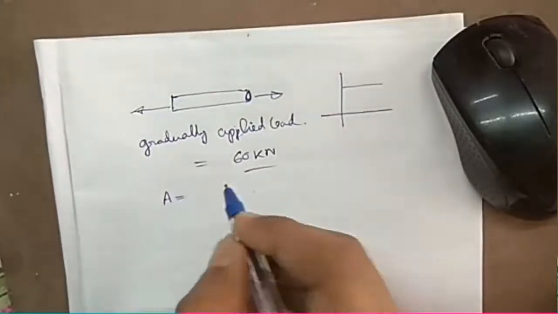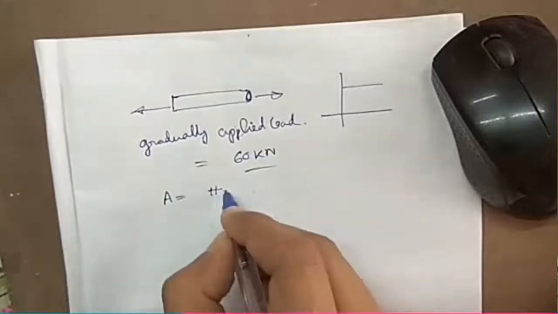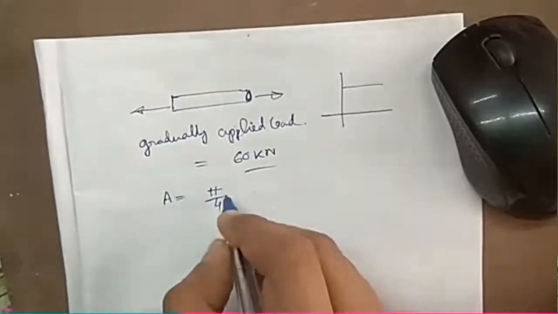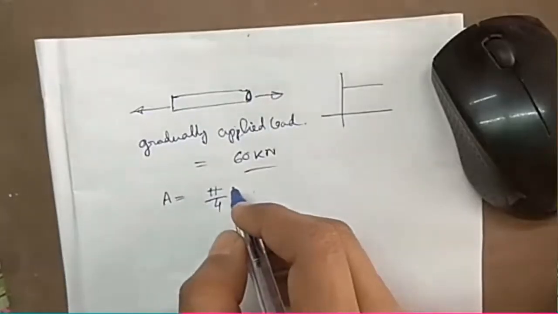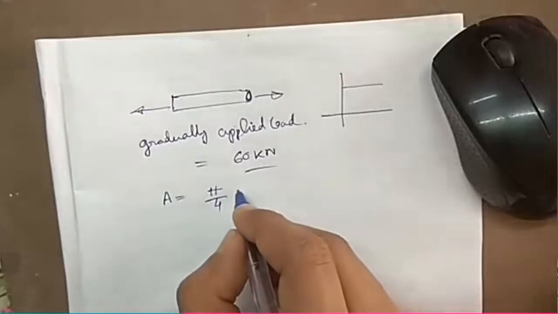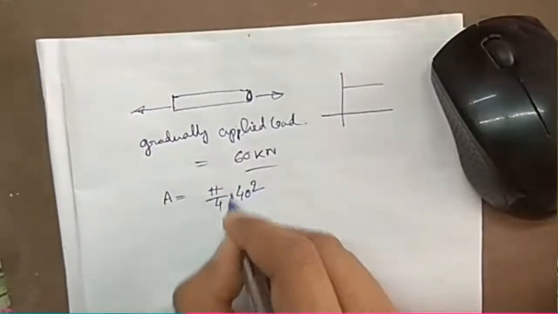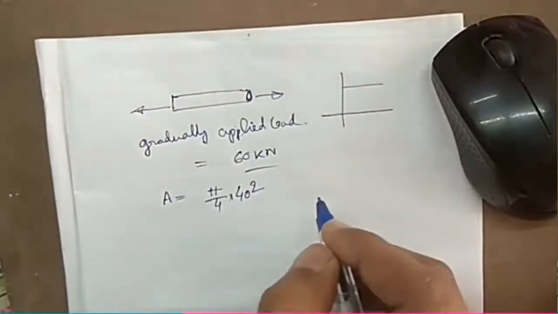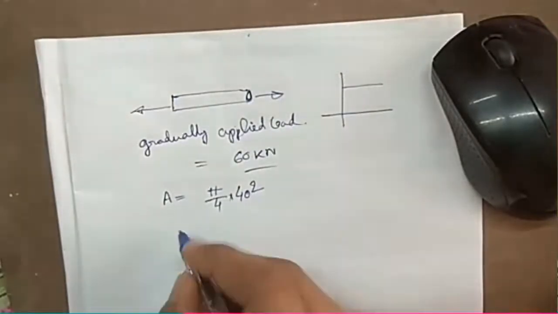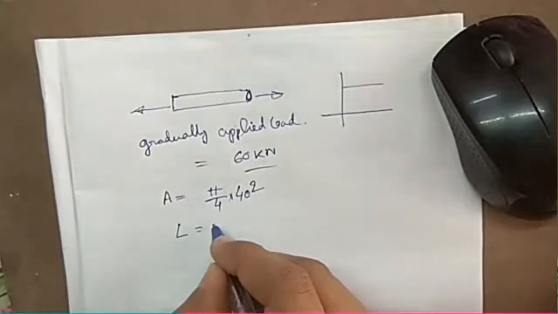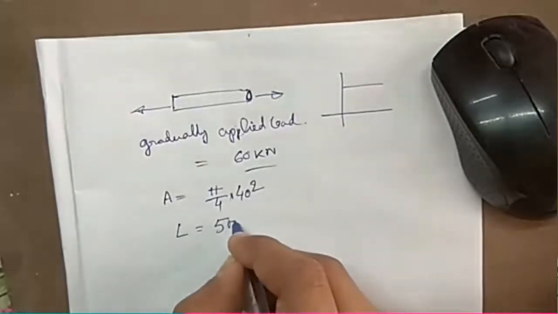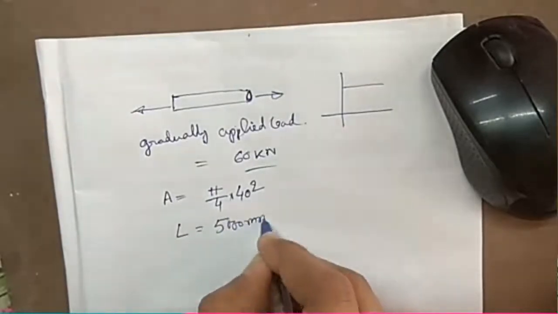That means cross section can also be found out, pi by 4 into 4 centimeter given, so we have to convert it into millimeter. That will be pi by 4 into 40 square. Okay, that will be the cross sectional area. Length of the bar is given 5 meter, so we will convert it into mm.